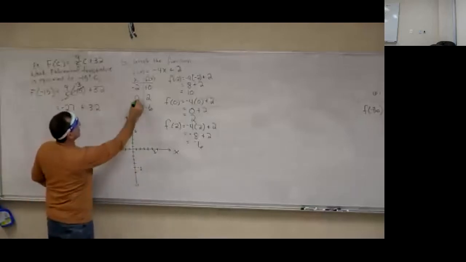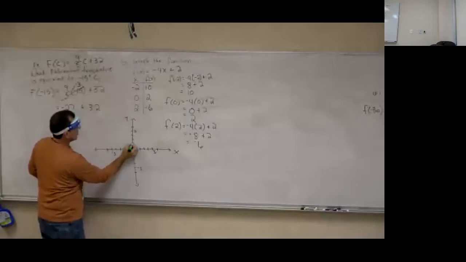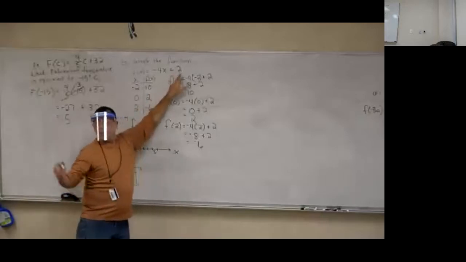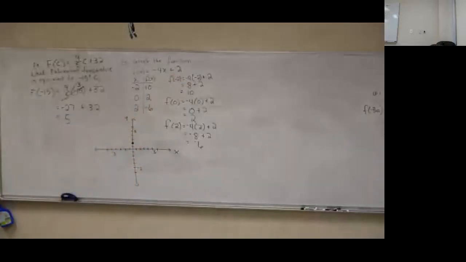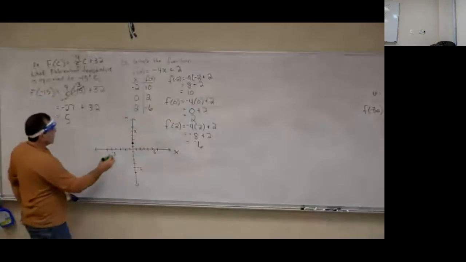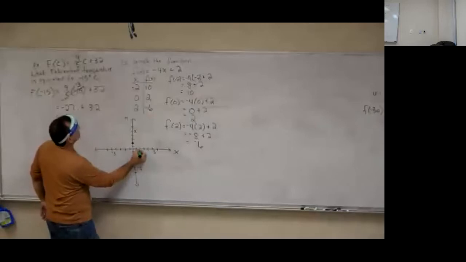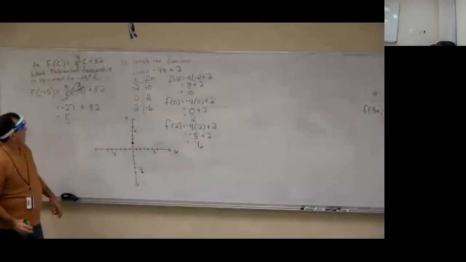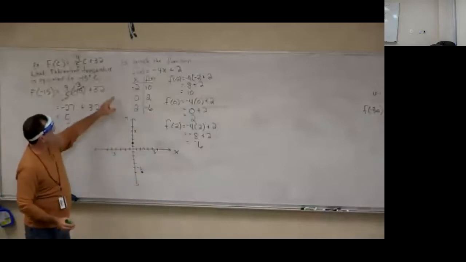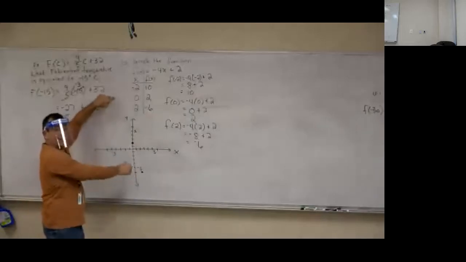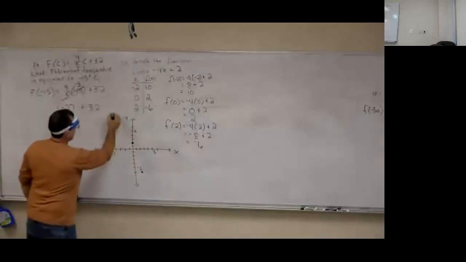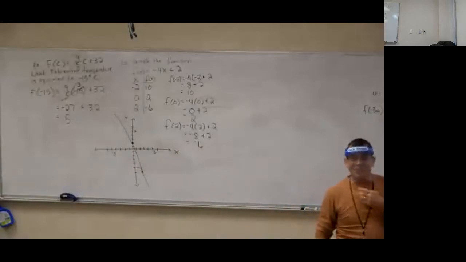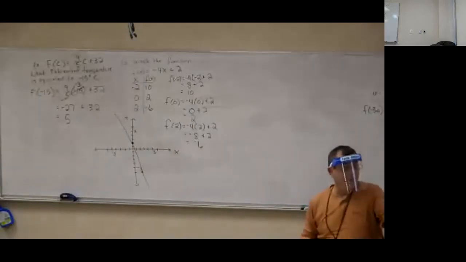So my 0, 2, starting at 0, I would go right up 2. And we know that because that's my y-intercept basically in the y equals mx plus b form, right? All right, then 2, negative 6. I'm going to start at the center again, go right to the 2, and then down to my negative 6. If you'd have done the other point, negative 2, 10, it would have been up here, but it still would have been a straight line, okay? So it looks straighter on MATLAB, or on your calculator, or if I had graph paper.